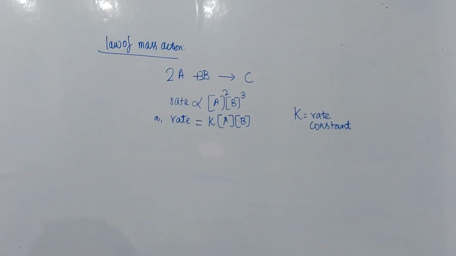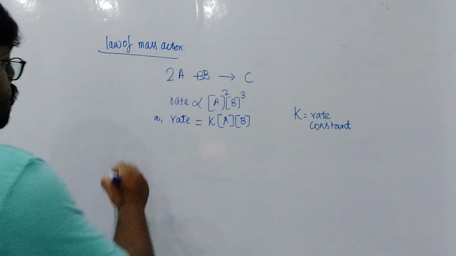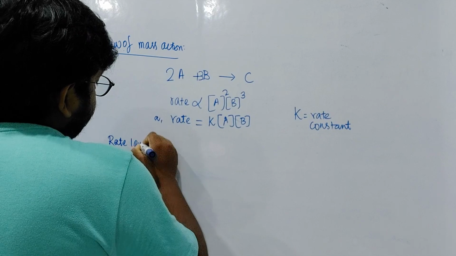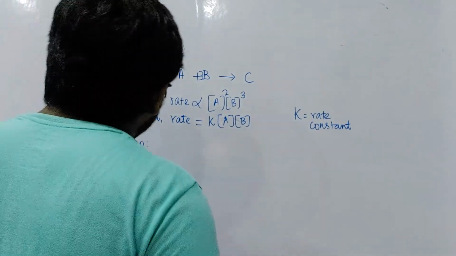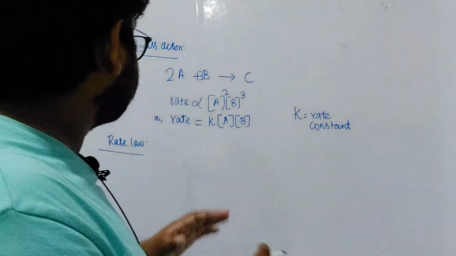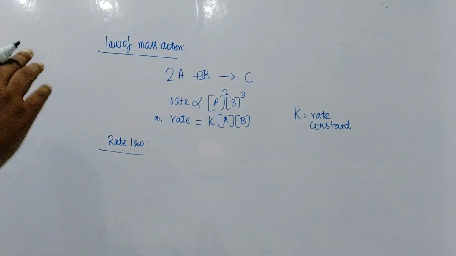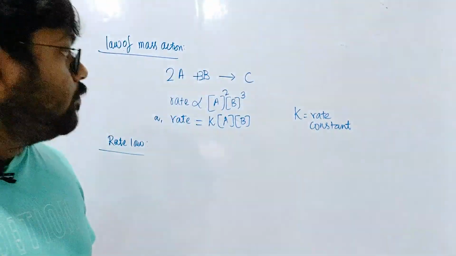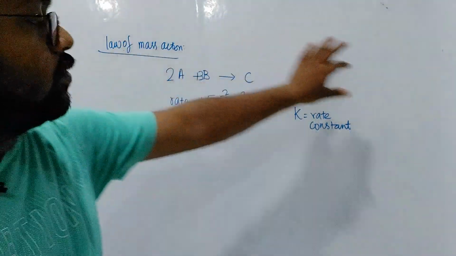Okay, now what we need to learn is the rate law. Now what do you mean by rate law? See, in the last day's class we have learned how to write down the rate of a chemical reaction. For example, let's take this example only.